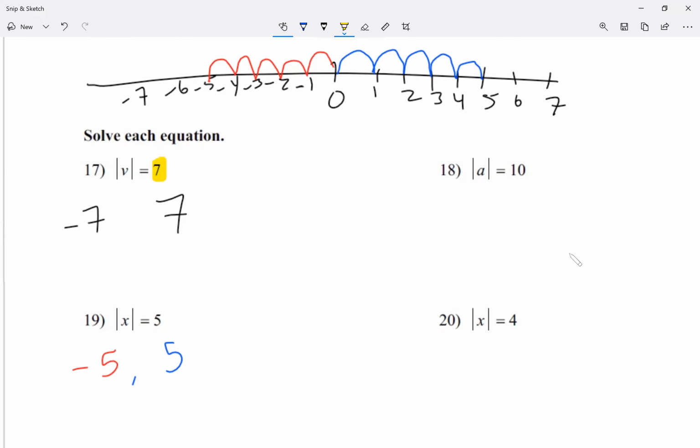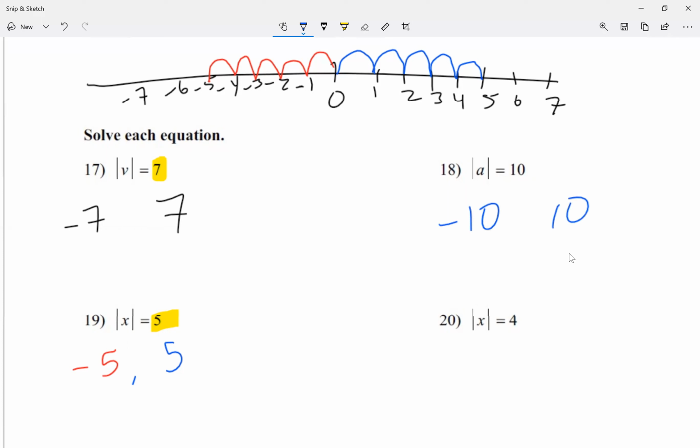Interesting. When the distance was 7, my numbers could be either -7 or +7. When my distance is 5, my numbers are -5 and +5. So when my distance is 10, my values could be -10 or +10.